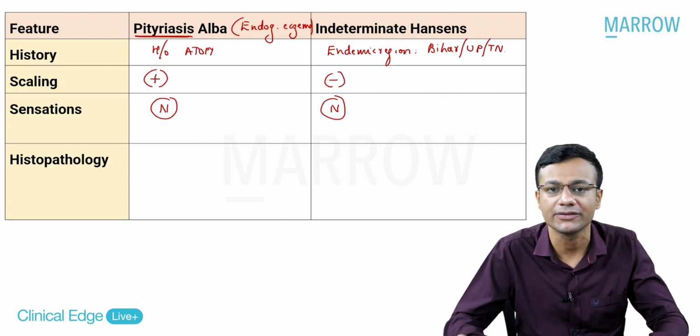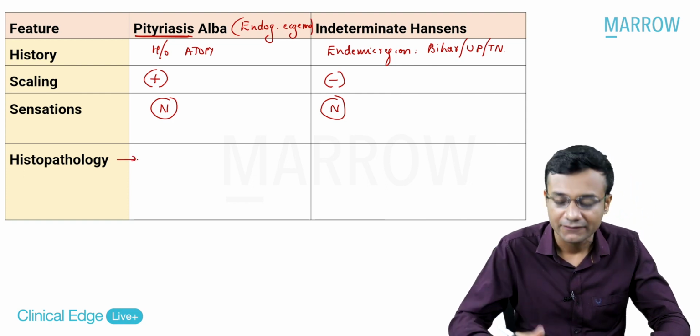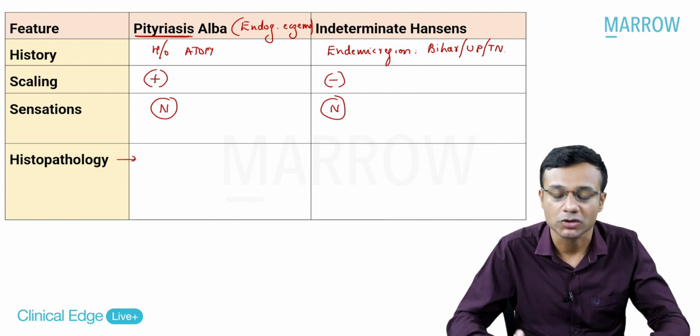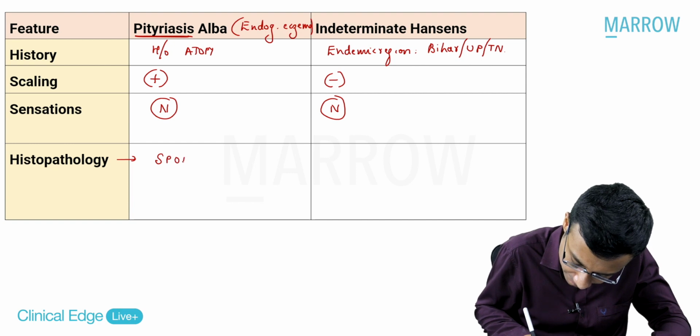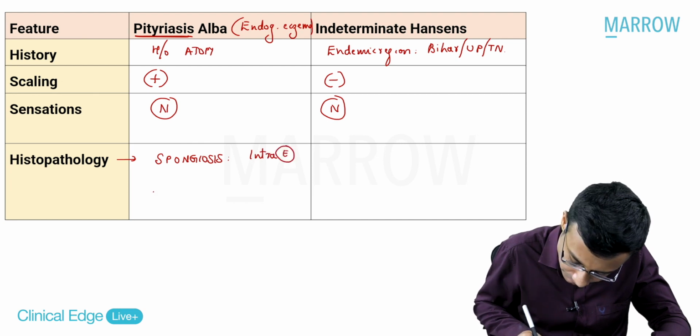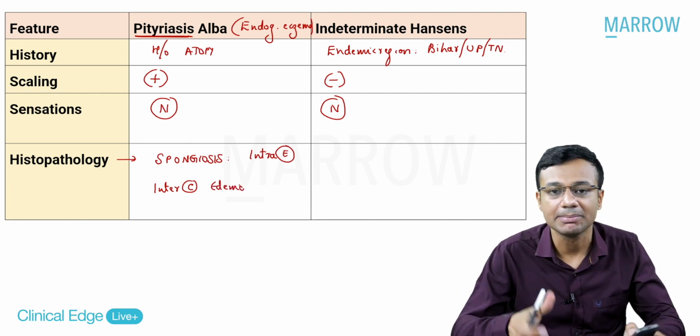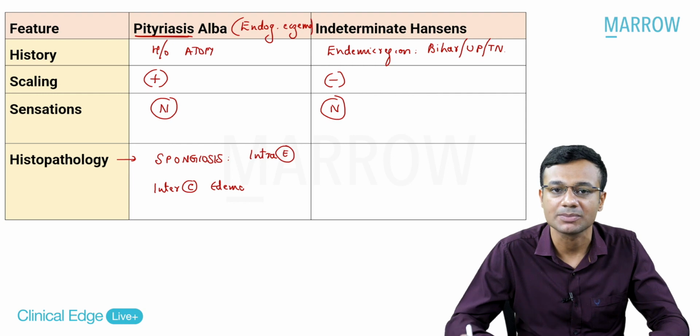Another way, if you are in confusion, is to do a histopathological examination. On histopathology, we know that pityriasis alba is an eczema, so we can expect spongiosis. What is spongiosis, students? It is intraepidermal intercellular edema. In the epidermis, between the cells, if you get water, this is called spongiosis.